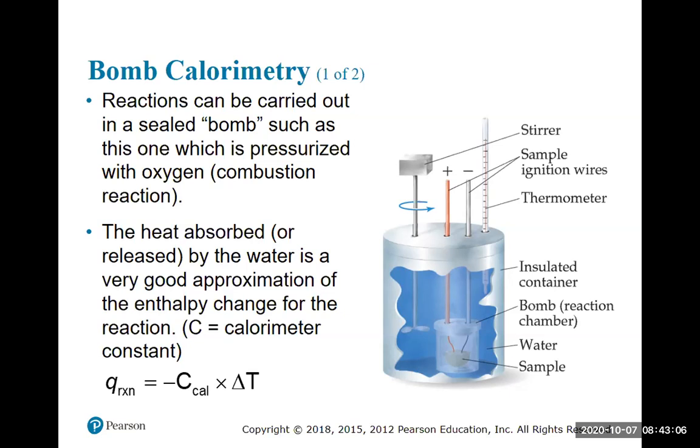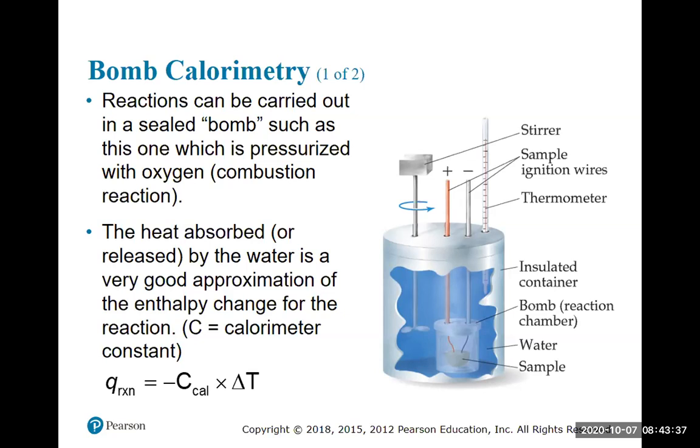That's something you determine experimentally by running something that you know the answer to and seeing how far off you are. That gives you a feel for what the impact of the calorimeter is. So, like I said, this is the type of equipment people would use to generate those numbers that we would find in the tables.